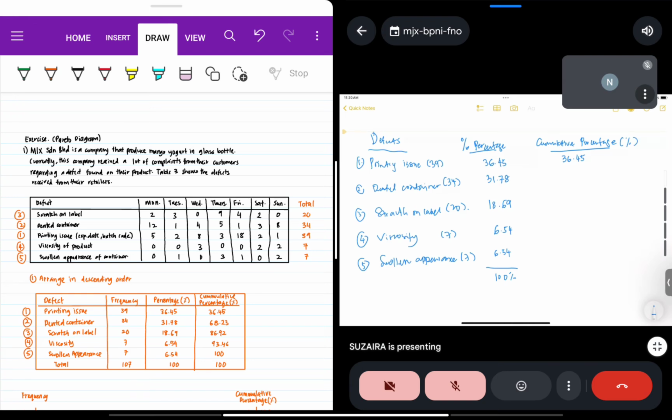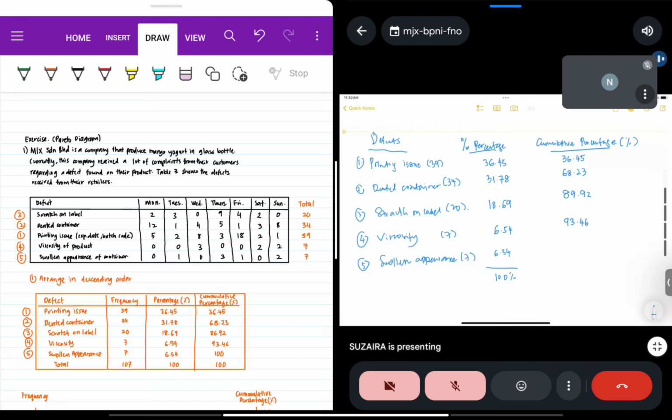And then 36.45 add with 31.78. 68.23. 68.23 plus with 18.69. 89.92. 89.92 plus with 6.54. 93.46.